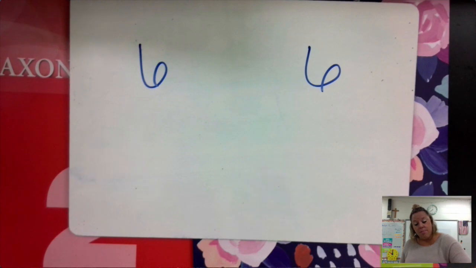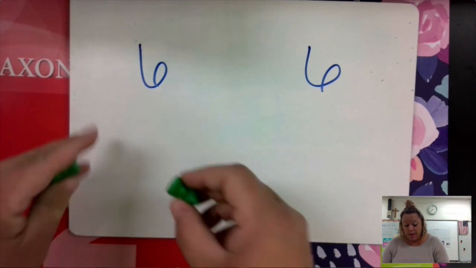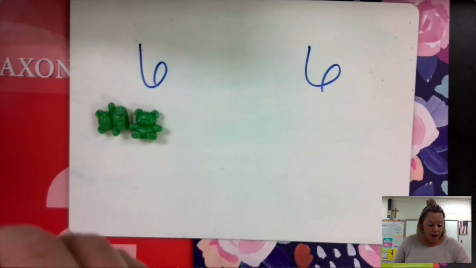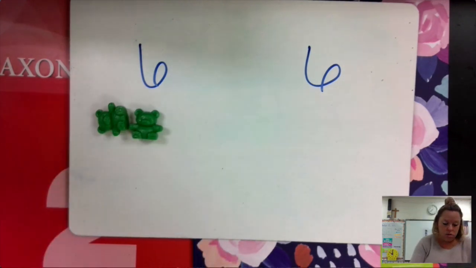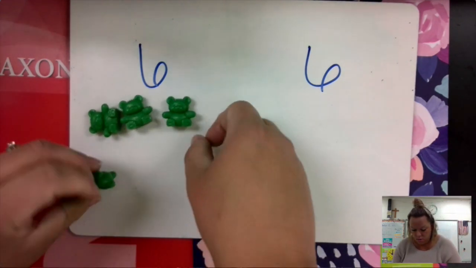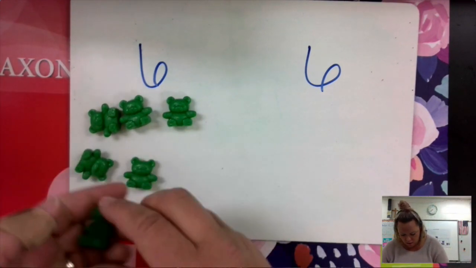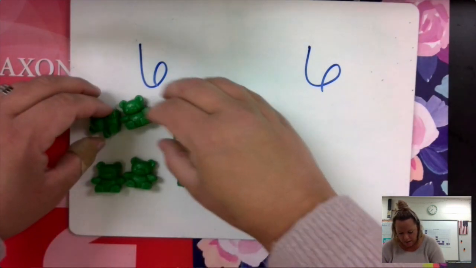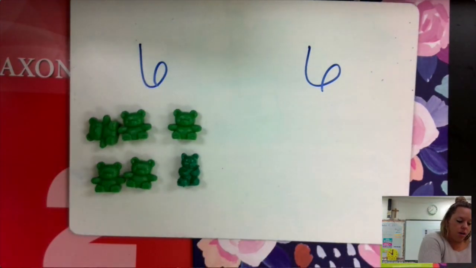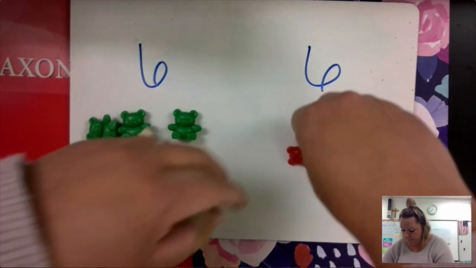Well, I could take bears, I could take linking cubes, you guys have those linking cubes, and I could put out 6 bears. Okay, and then I could do the same for the other side.